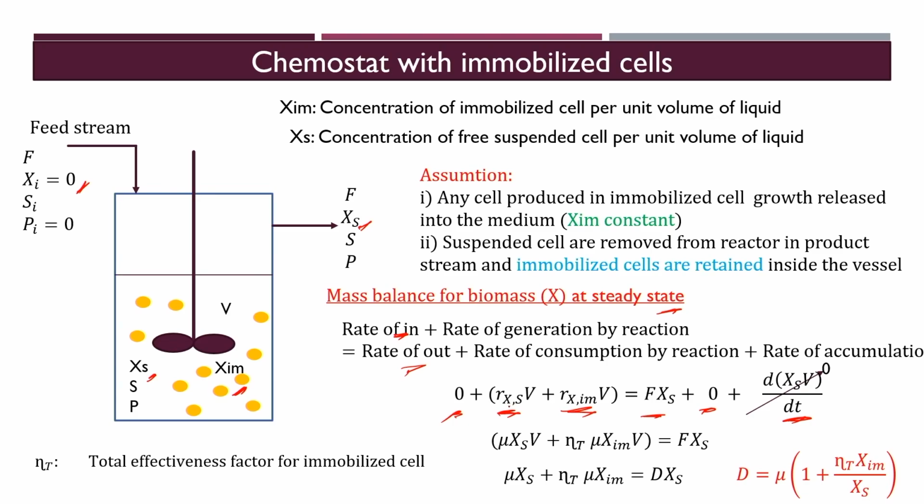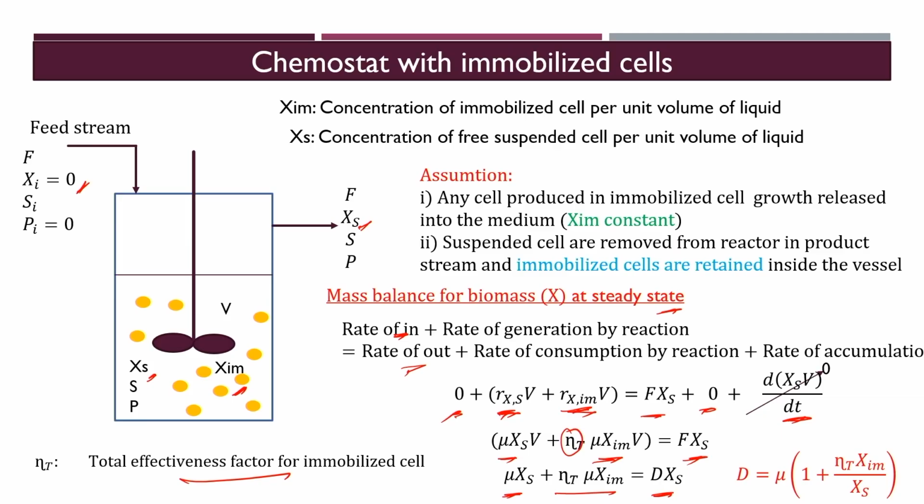So, what we end up with is Rx is mu into Xs, Rx immobilized is the same, mu into X immobilized into effectiveness factor, total effectiveness factor, equal to F into Xs. If we divide F upon V as D, it becomes D into Xs equals mu into Xs plus eta t mu into X immobilized.